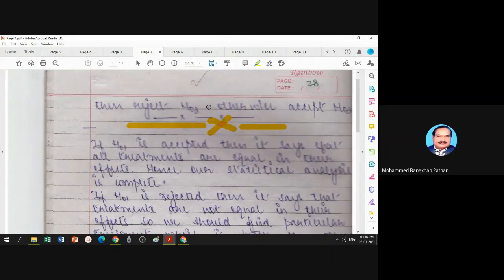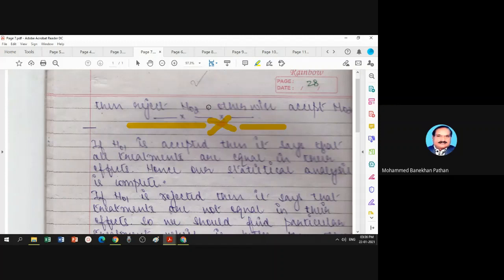So no further analysis. But if the hypothesis is rejected, then we are curious to decide, out of many treatments under study, which is good in its effect. That is to be decided, and that's why we proceed ahead if your null hypothesis is rejected.